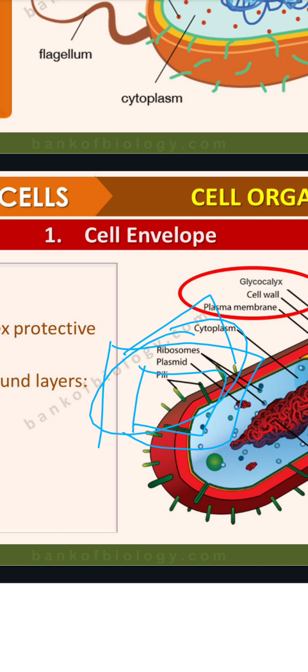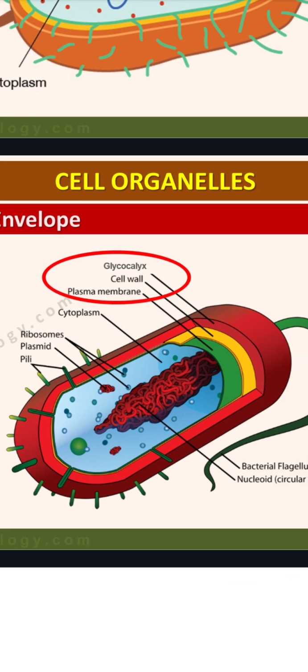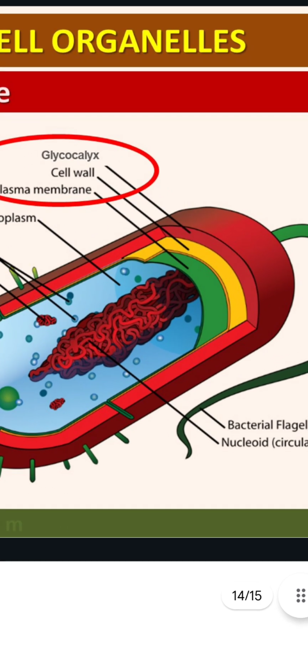In the same way, we also have an envelope that covers the whole cell. This is called the cell envelope. It is mainly made up of three layers. I'm going from down to up.